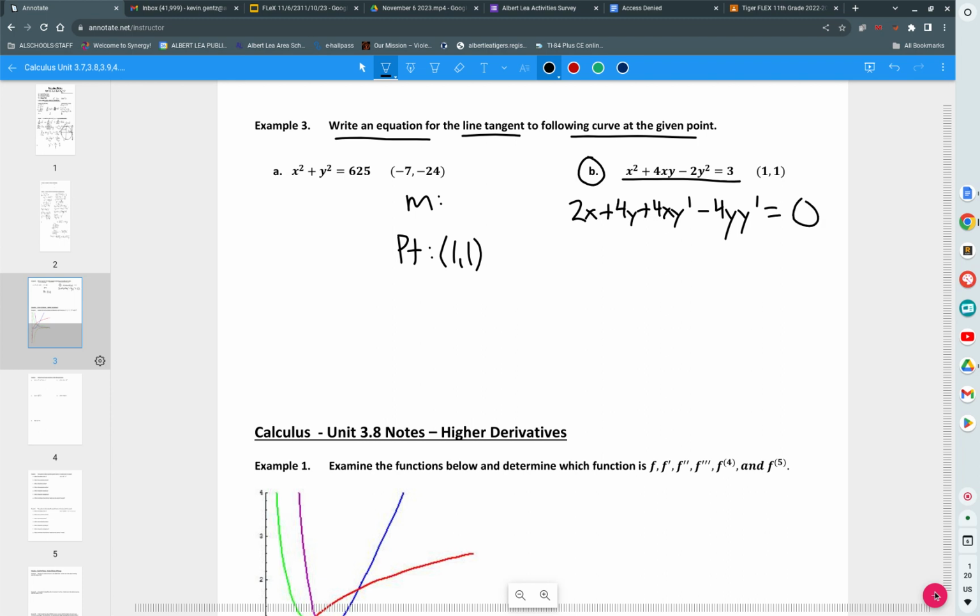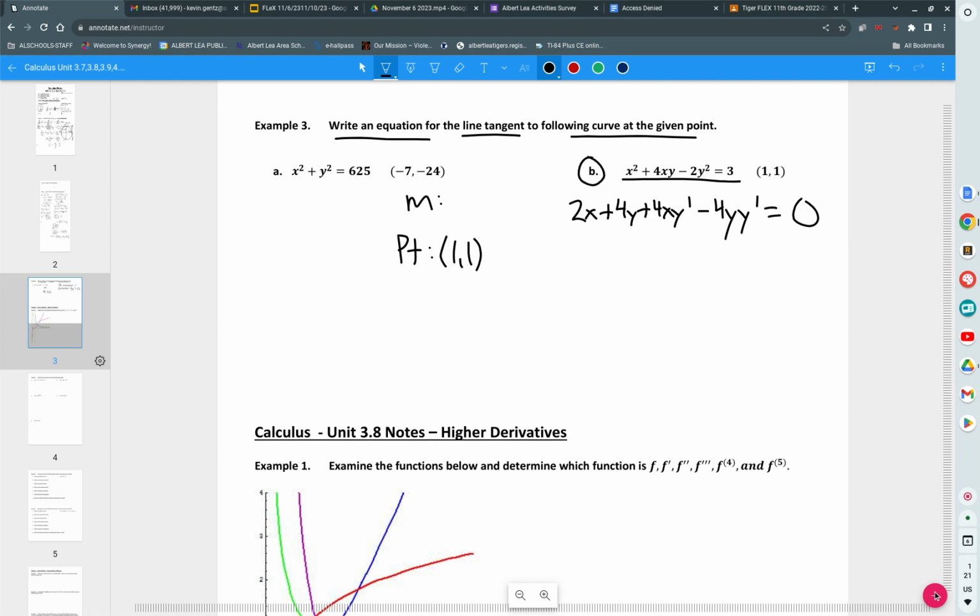Now, in this situation, it's not that bad to solve for y prime, but does it ask you to find y prime in simplified form? It doesn't. It just wants to know the slope. So right now at this point, what could you plug in for x and y? You just put 1 in for each of them.